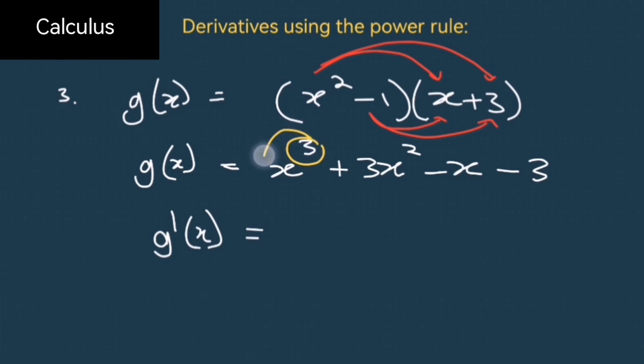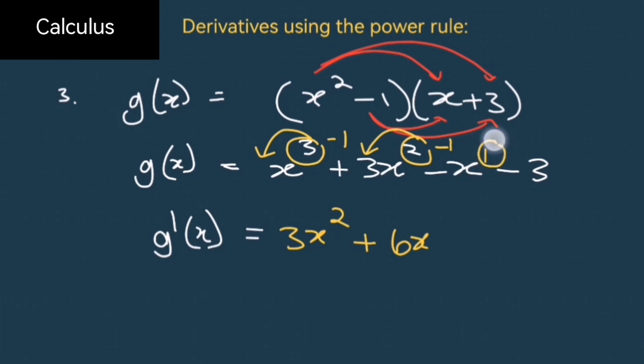3 multiplied in front, decreased by 1, is 3x squared, right? Then 2 multiplied with the 3 in front, decreased by 1, would be 6x to the power of 1, which is invisible. And for negative x to the power of 1, we take that exponent of 1, multiply it in front, that gives us a negative 1, but the x to the power of 1 should become to the power of 0.